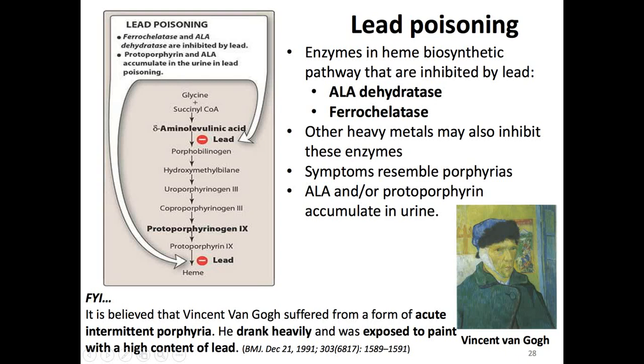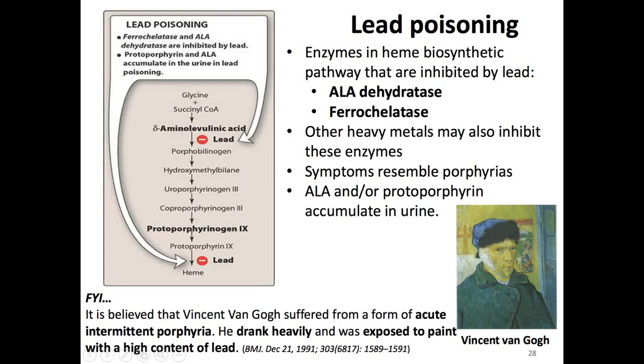So protoporphyrin and ALA accumulate in the urine in lead poisoning. Lead poisoning occurs when these two enzymes, ALA dehydratase and ferrochelatase, are inhibited. Other heavy metals may also inhibit these enzymes, and symptoms resemble porphyrias.